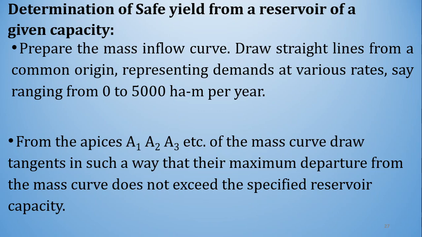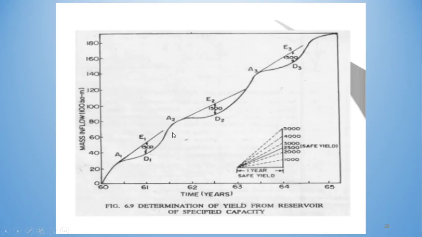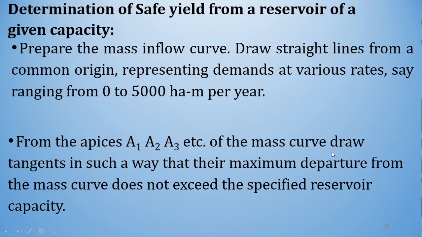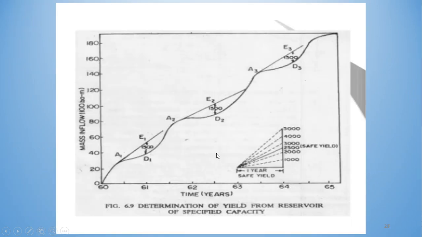So the second step is, from the apices A1, A2, A3, draw a tangent such that the maximum departure of the tangent should not exceed the specified reservoir capacity.